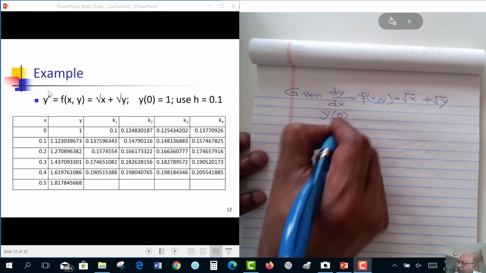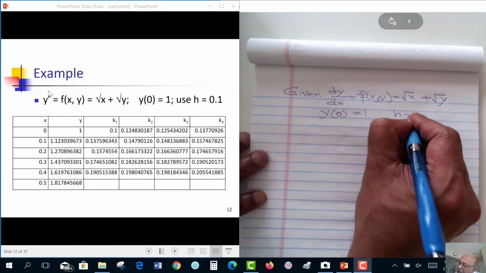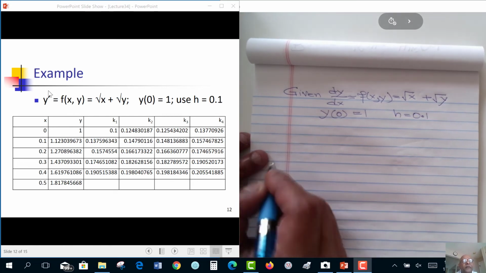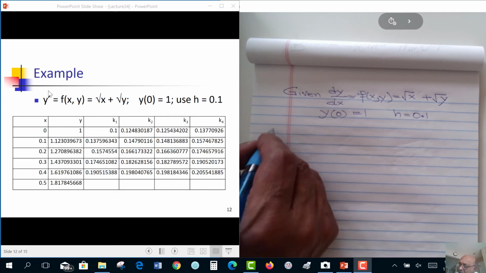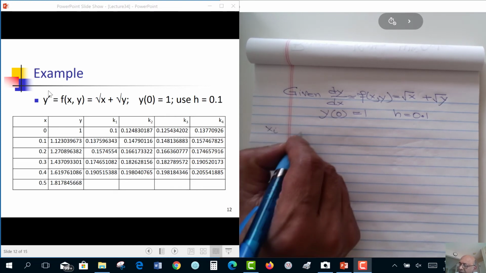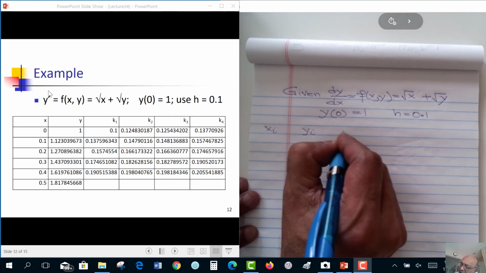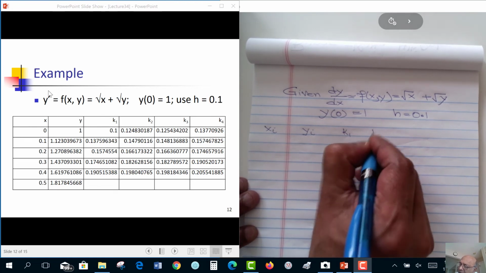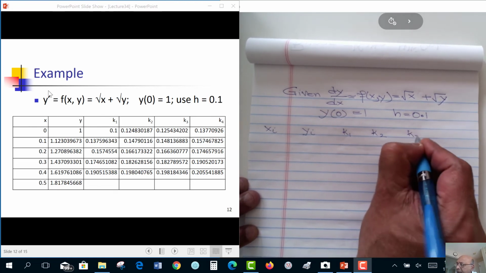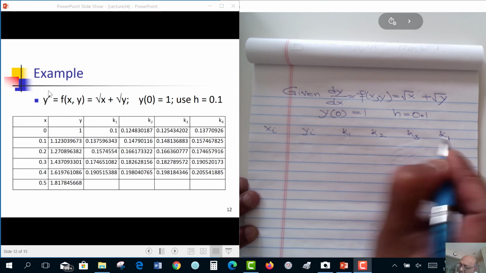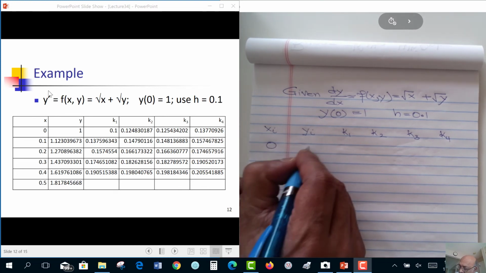Y at x equal to 0 is 1. We are going to use spacing of 0.1. So here is our tabular form. So we are going to do xi, yi. Then we are going to do 4 estimates, k1, k2, k3, k4. Okay. At x is equal to 0, y is 1.